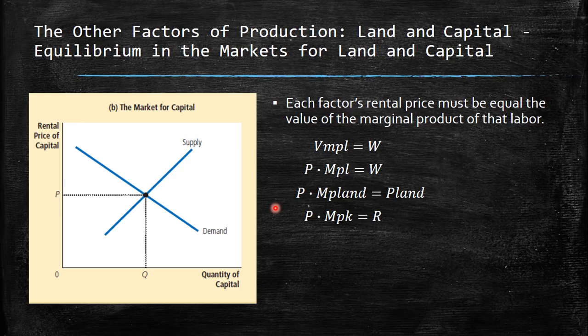So this relationship that we have from the very beginning, we can take to the other factors, because at the end of the day we need to find that each factor should be profitable.